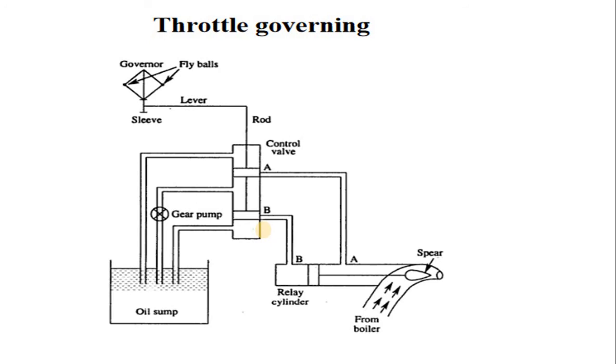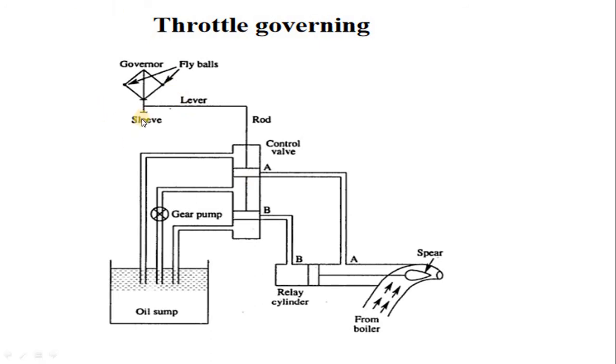So definitely when the load of the turbine decreases, the speed of the shaft increases, thereby lifting the governor sleeve. At that time we must control the speed with respect to the load condition.